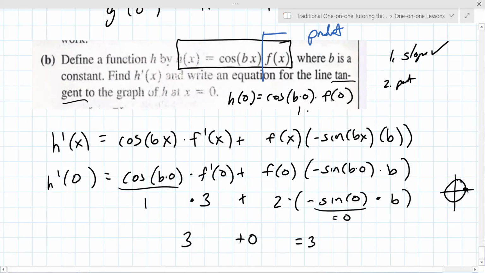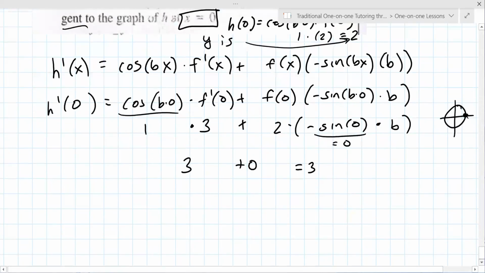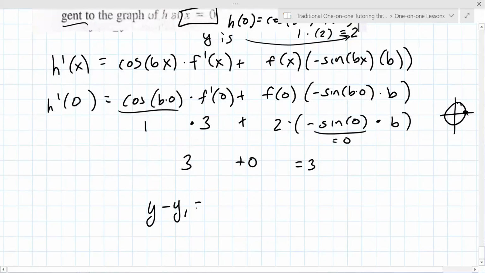And then f of 0 is given as 2. So this equals 2. When x is 0, y is 2. So now you have your slope and your point. So y minus 2 equals 3 times x minus 0. Yes, you got it.